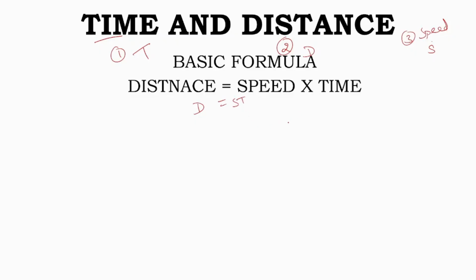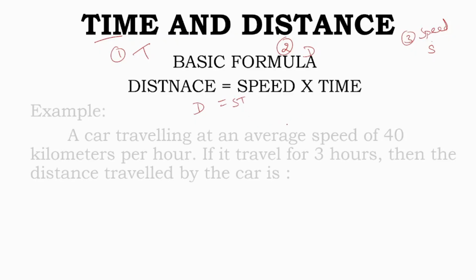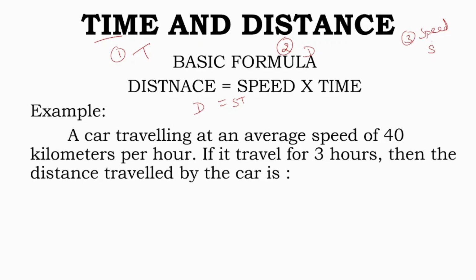To understand this concept, let us see one example. A car is traveling at an average speed of 40 kilometers per hour. If it travels for 3 hours, then what is the distance traveled by the car? The car is moving 40 kilometers each hour, and this is done for 3 hours.